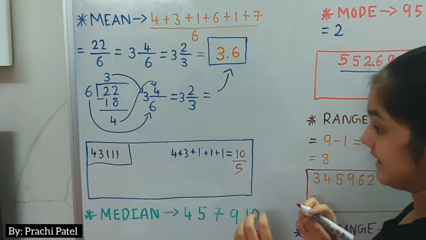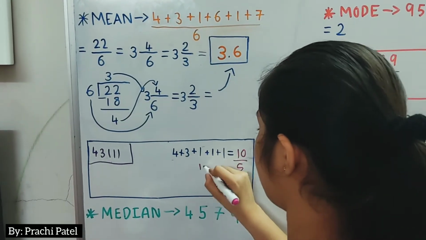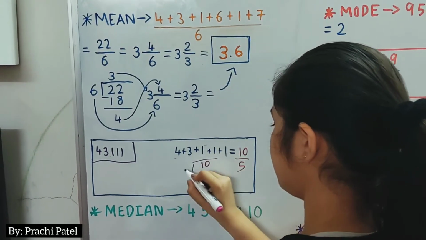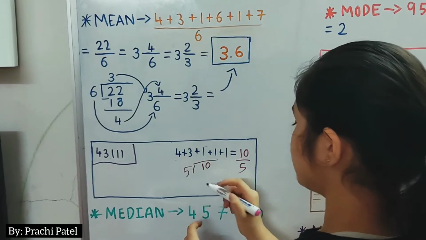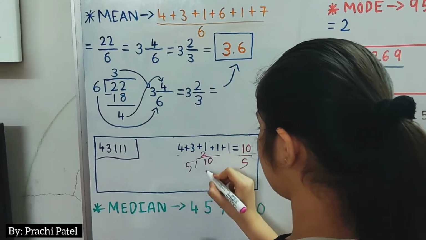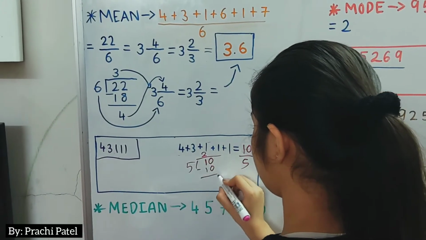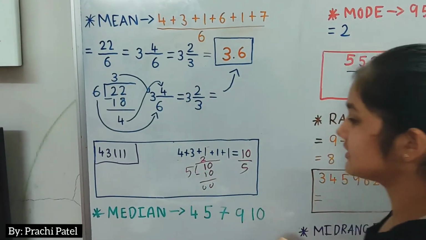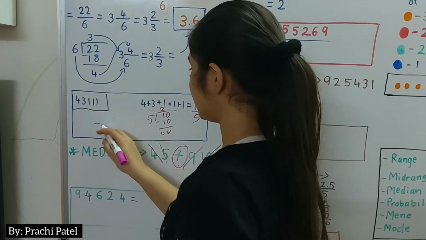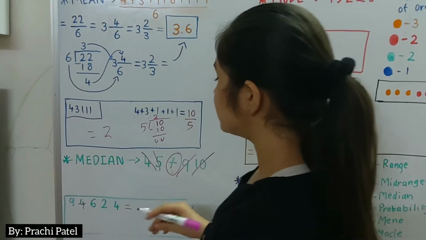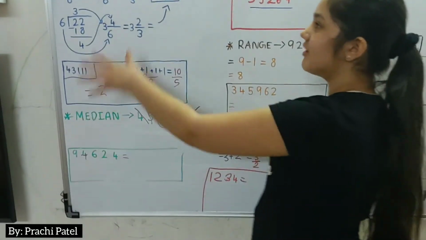We can also write it like this. Now when we divide it, our answer is 2.